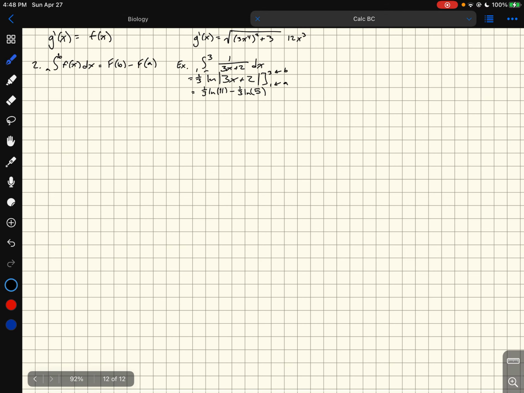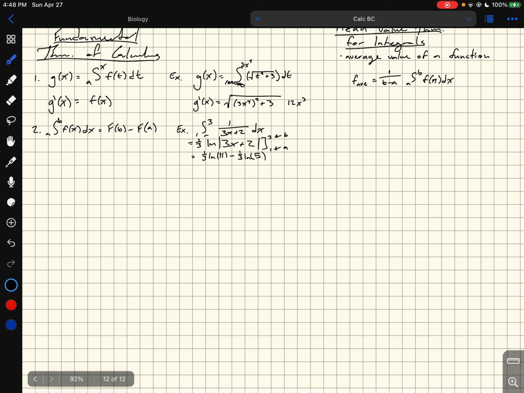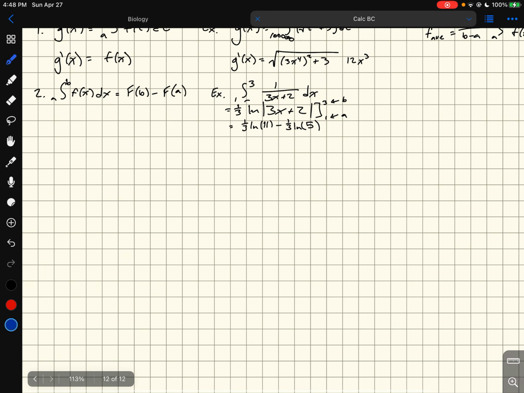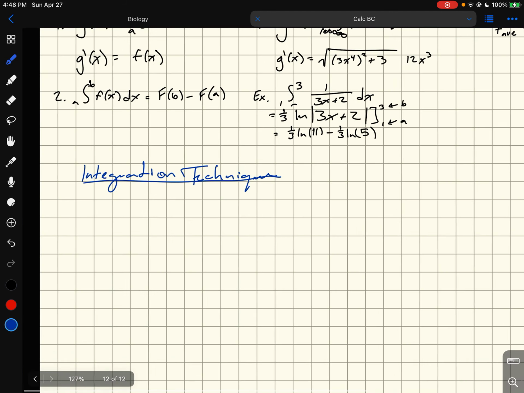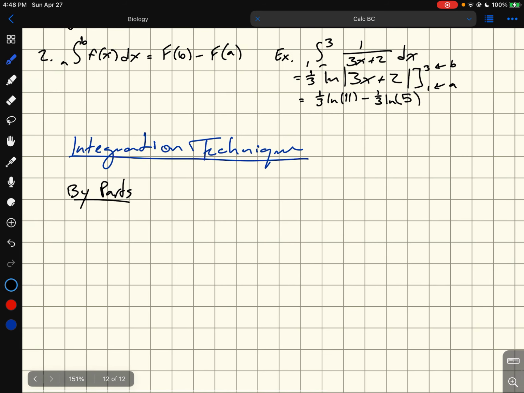So I'm going to title this integration techniques. Let's write it in blue, because this is a pretty big concept. There's a lot of integration techniques. So the first one would be by parts. Integration by parts. Essentially, it's kind of like the product rule for integration.